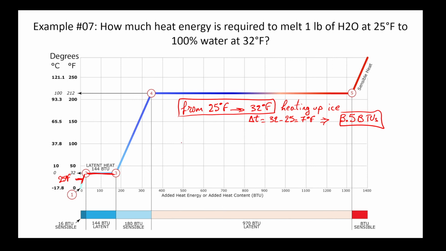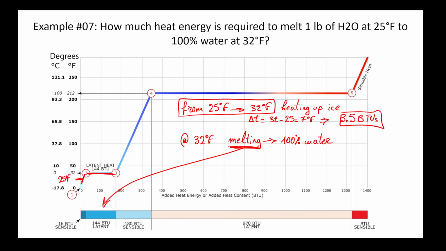And then we have the second section, where we are at 32 degrees Fahrenheit and we're adding heat, but we are melting the ice while staying at 32 degrees. We're melting it to 100% water. And we've talked about this time and again, that melting requires latent heat of 144 BTUs per pound.